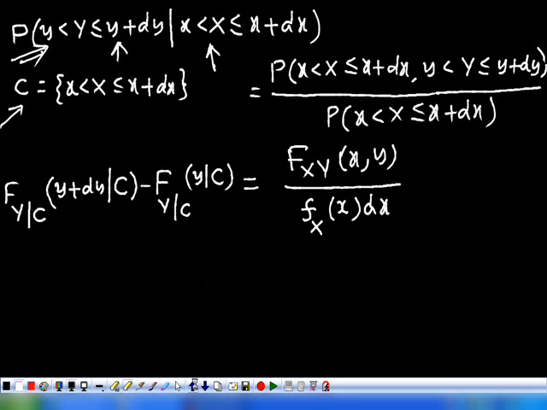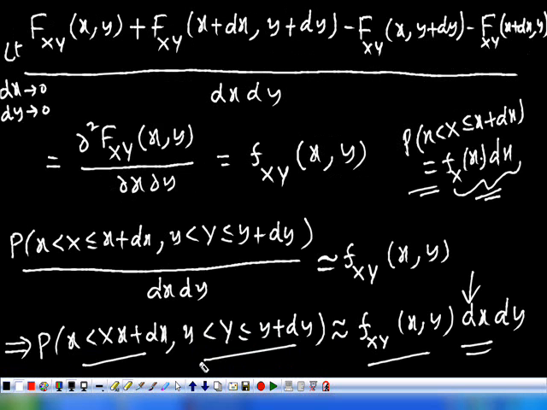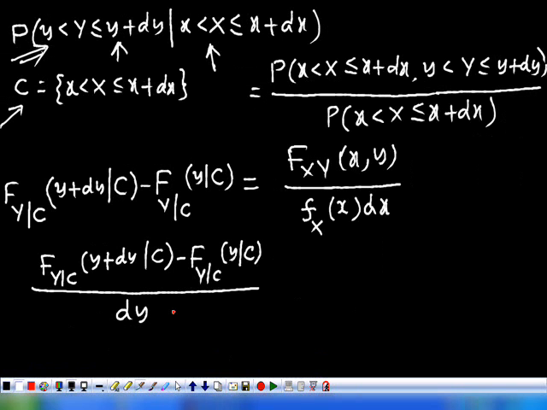See, in the previous slide, we obtained this relation. This divided by this is approximately equivalent to fxy of x comma y. Is it right? So as dy tends to 0, okay, what is this value?